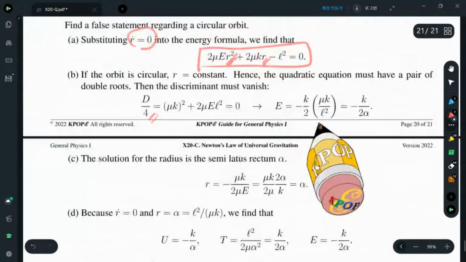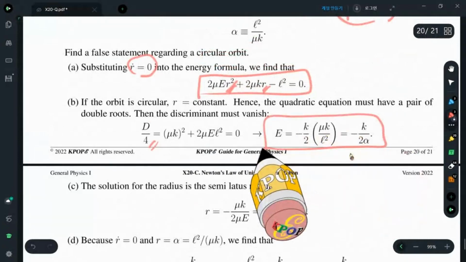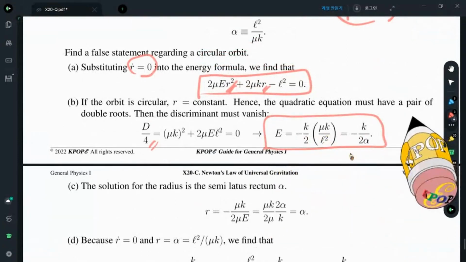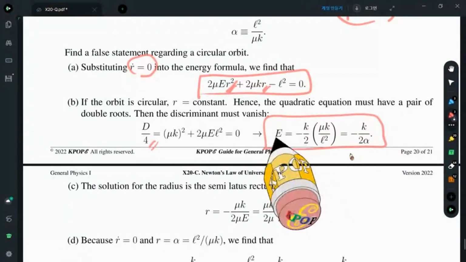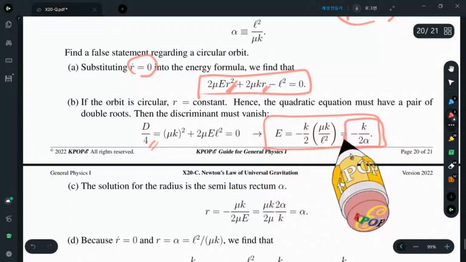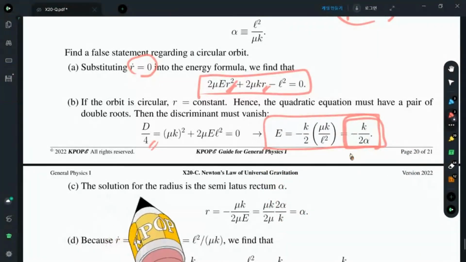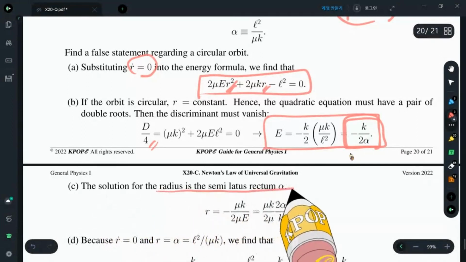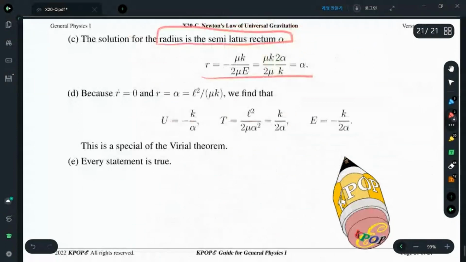The answer is this. Expressed in terms of k and alpha, the energy is completely determined like that. And the solution for the radius is the semi-latus rectum, just as I told you.